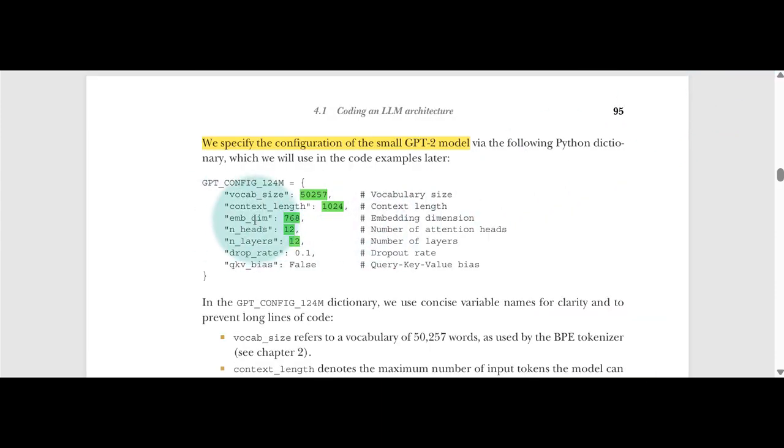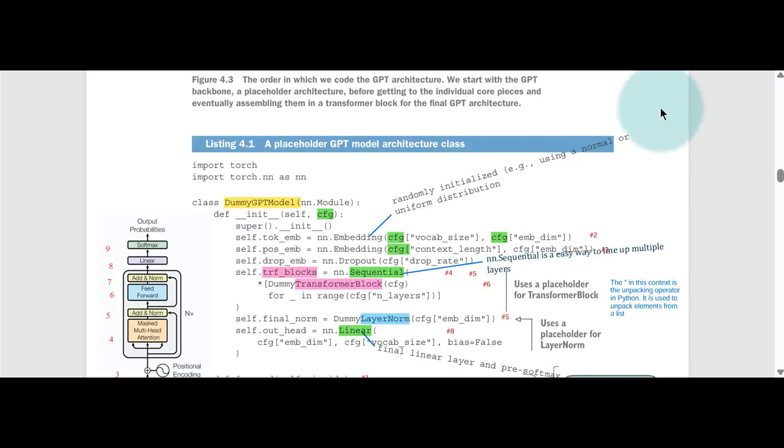We'll put this name in there when we call the dummy GPT, and then we can reference all of the elements of the dictionary, like the vocabulary size, the embedding dimension, and the context length. So let's take a look at what we have here.